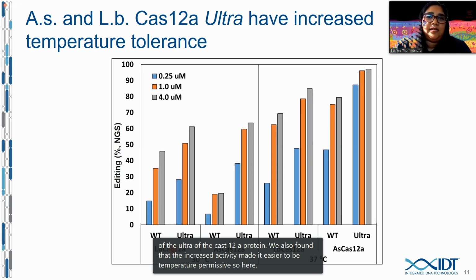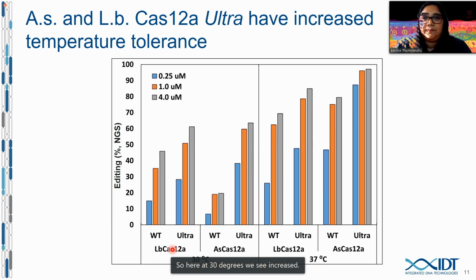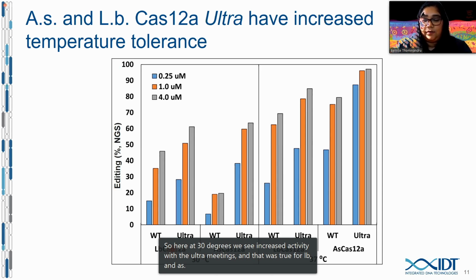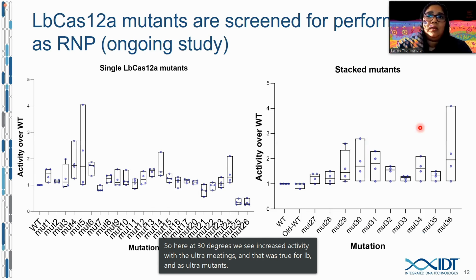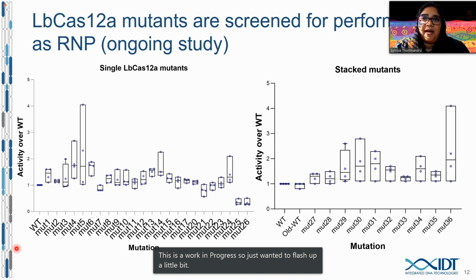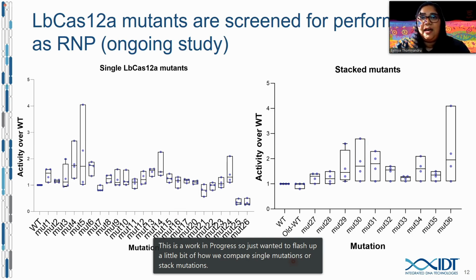So here at 30 degrees, we see increased activity with the Ultra mutants, and that was true for LB and AS Ultra mutants. And of course, this is a work in progress, so I just wanted to flash up a little bit of how we compare single mutations or stacked mutations to identify what is going to be our final LB mutant.